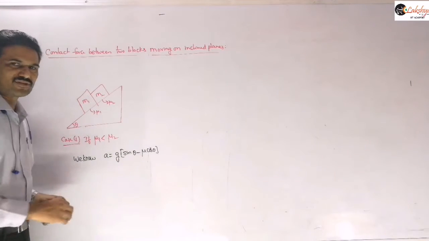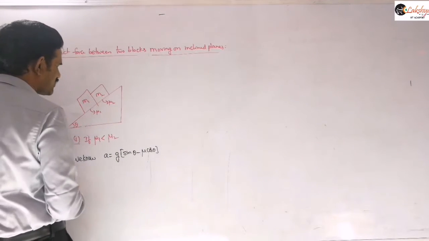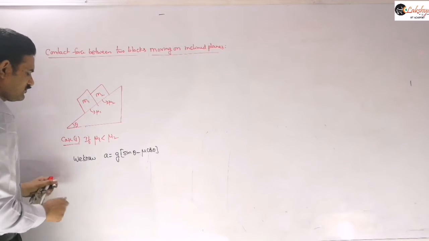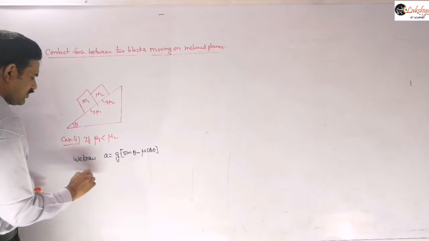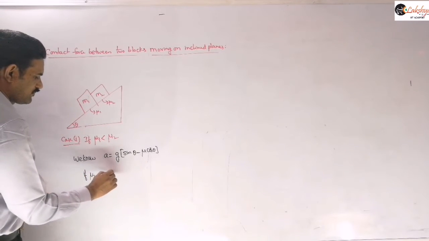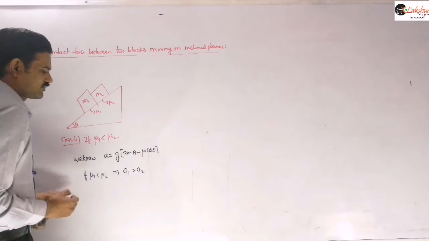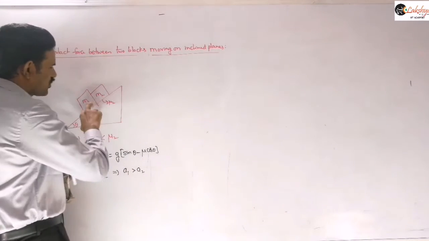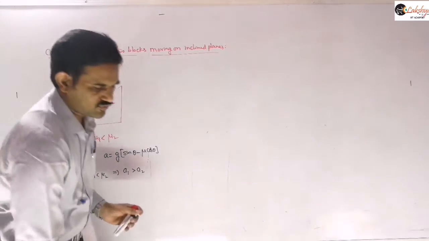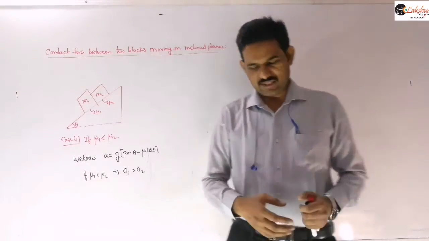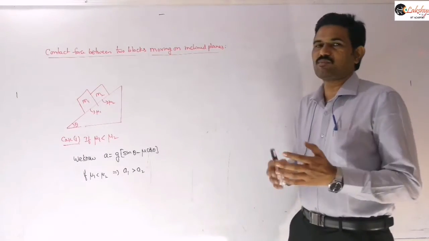So if mu1 is less than mu2, that implies a1 is greater than a2. That means the acceleration of M1 is greater than that of M2. If the acceleration of M1 is greater than M2, then both the blocks will move separately.